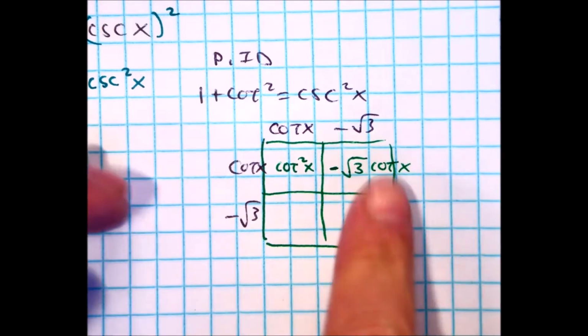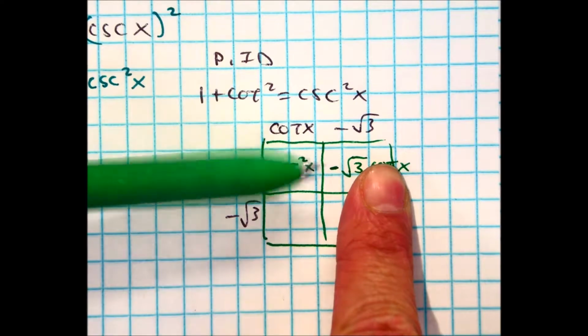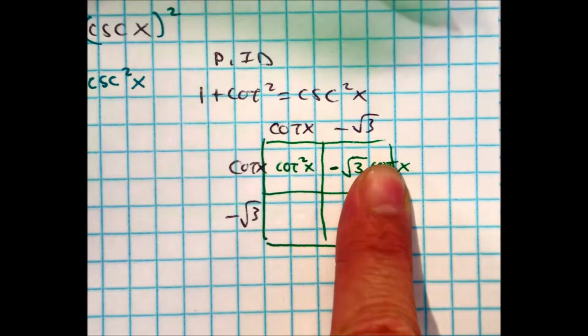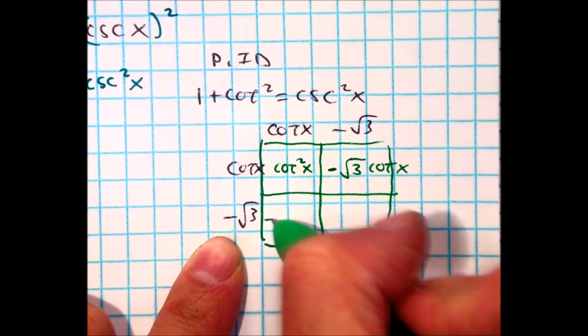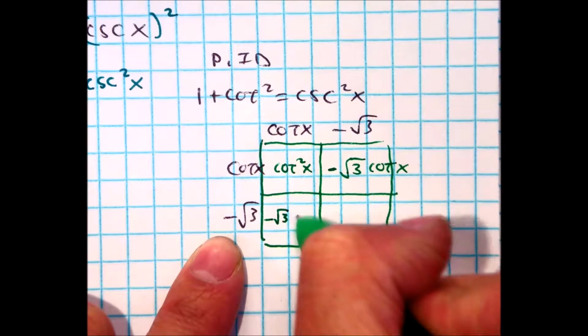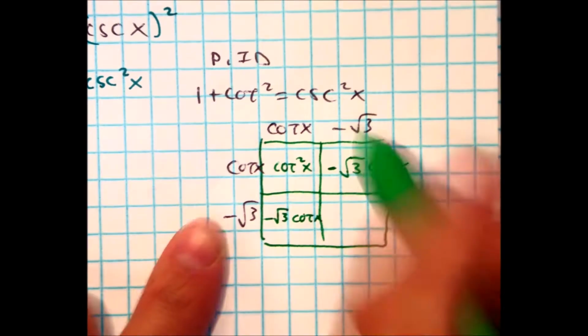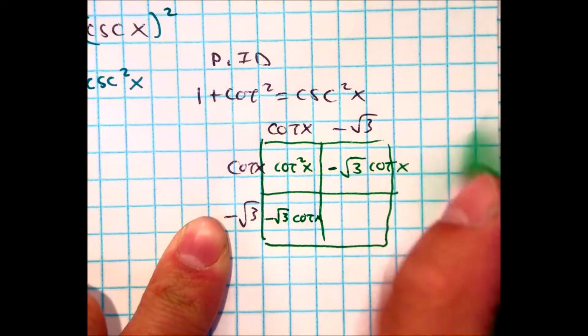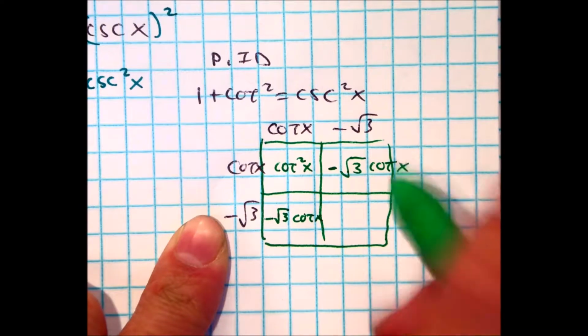Remember, back in Algebra 2, you would have written the irrational number in front. Okay, and you usually write the variable in the back. This is the same, negative radical 3 times cotangent x. And then negative times negative is a positive, and radical 3 times radical 3 is radical 9, which is 3.